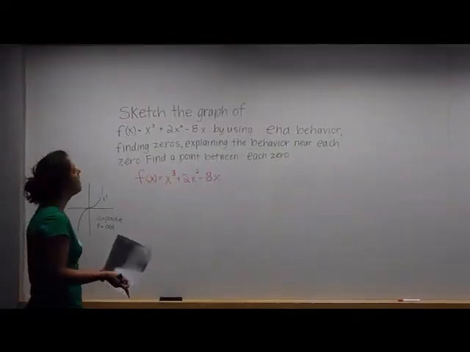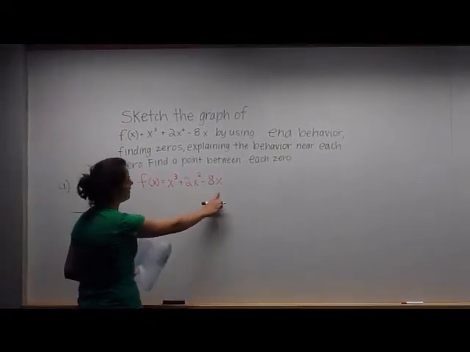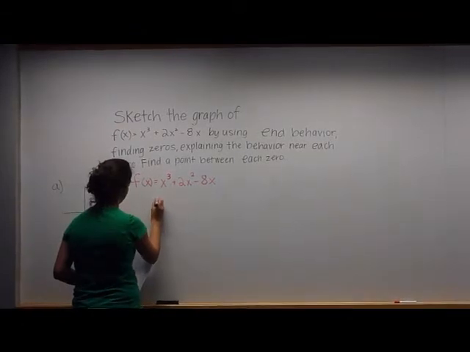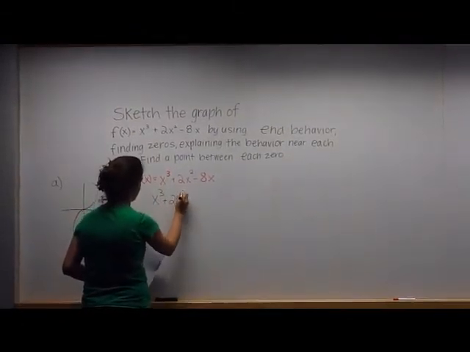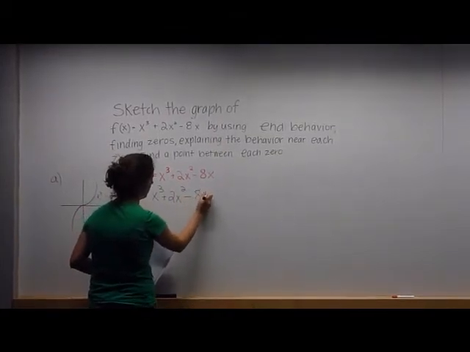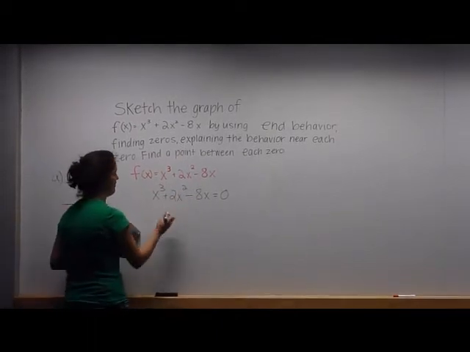Next we have to find the zeros of this function. So we will set this to 0. We can take out an x from each term.